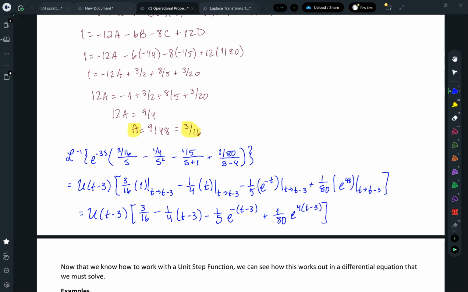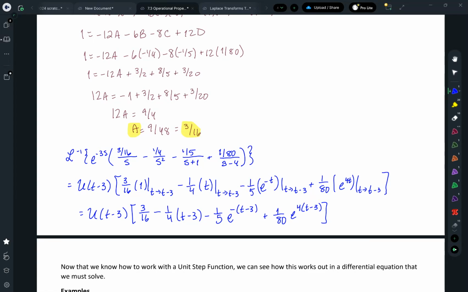And then I'm done. It's that last quick shift that you have to do that can be very easily forgotten. So be very, very careful.